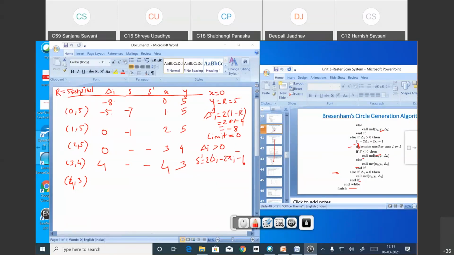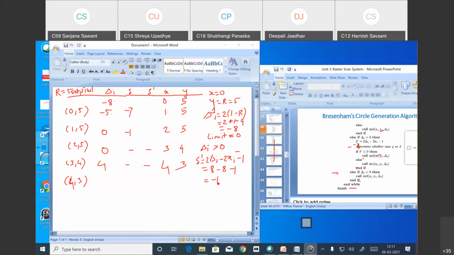So what is delta I here? 4. So 8 minus what is x value? 4. 8 minus 1, correct? So 4 multiply with 2 minus 4 multiply with 2 minus 1. So it is minus 1.